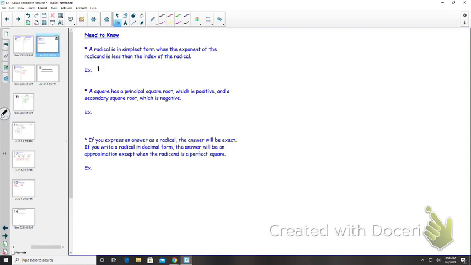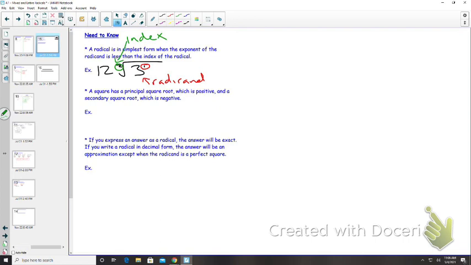For example, if we had 12 square root of 3, the exponent of the radicand, here 3 to the 1, is less than the index of the radical. This is the index. So it is in simplest form.